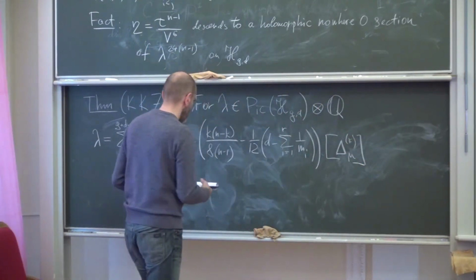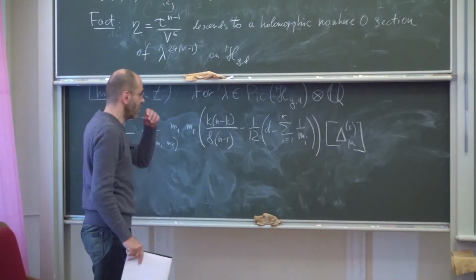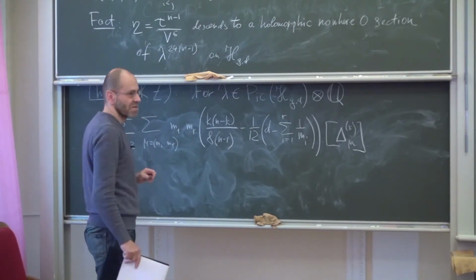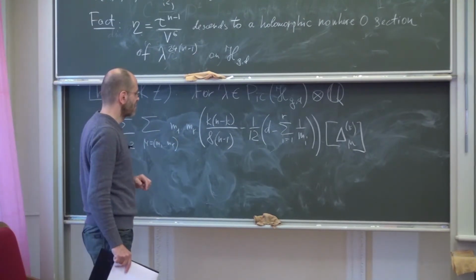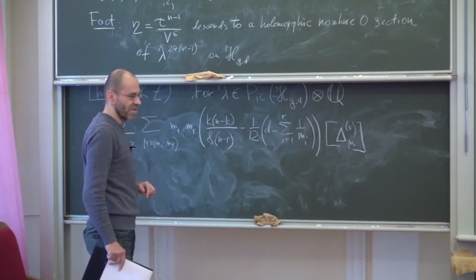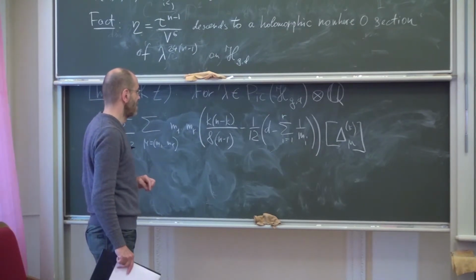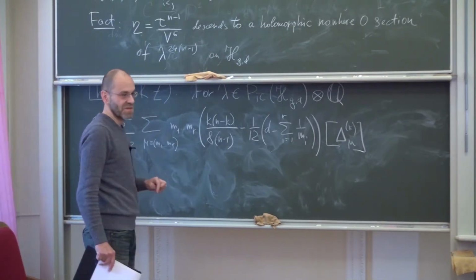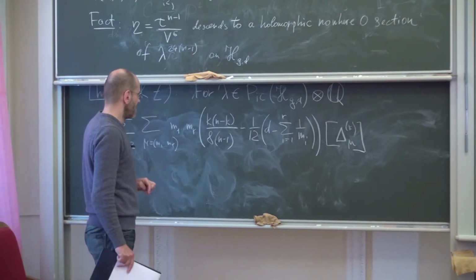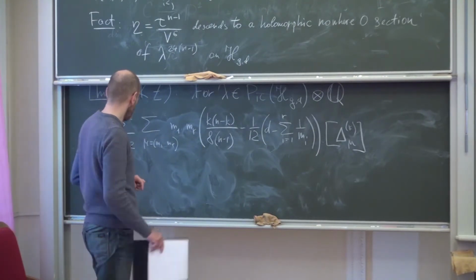So that's the formula that we got, and this formula was not known before. It was known only for d equal 2, and then it reduces to a well-known formula by Cornalba and Harris that expresses the Hodge class on the hyperelliptic locus in terms of the boundary divisors. Well, but in this general form it wasn't known.